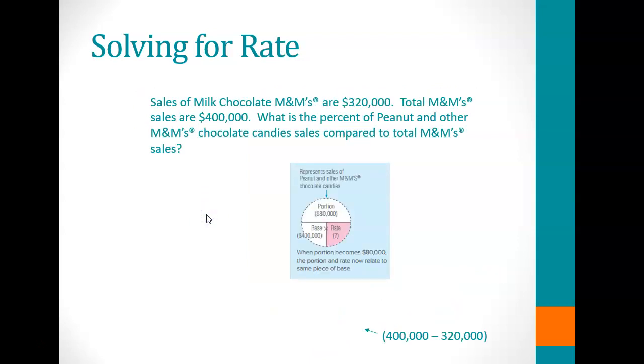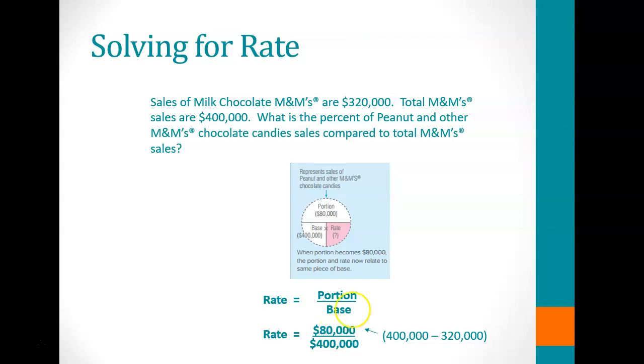Okay? So if we know that milk chocolate sales are $320,000 of the $400,000 worth of sales, and if I'm trying to figure out in this case the percent of the peanut and other candy sales compared to the M&M sales, I would take the portion, which is $80,000.